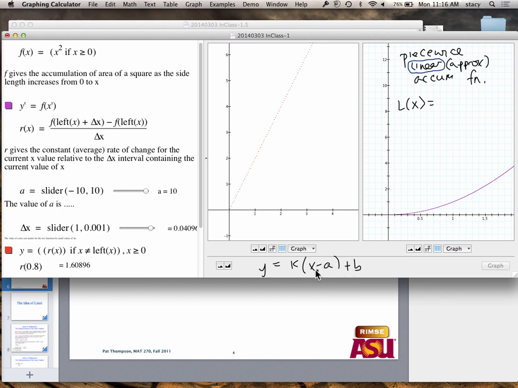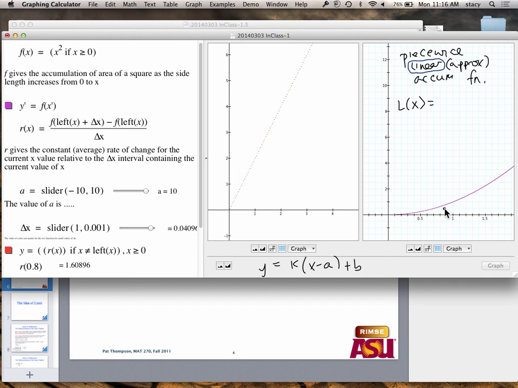Okay, so a really productive way of thinking about this is that your new y value, or your current y value, is your constant rate of change times your change in x, added to your initial y.